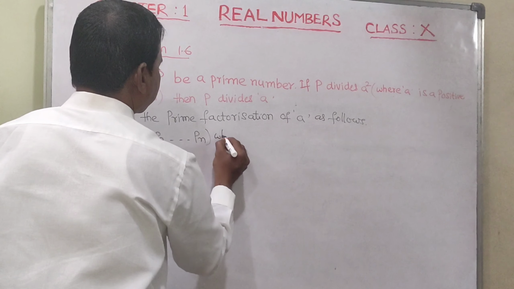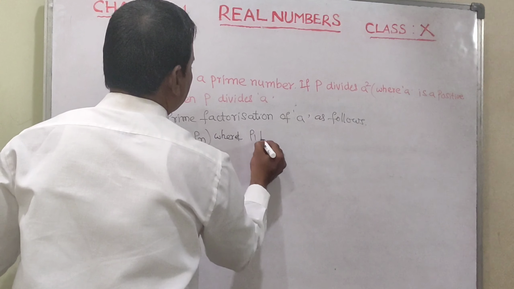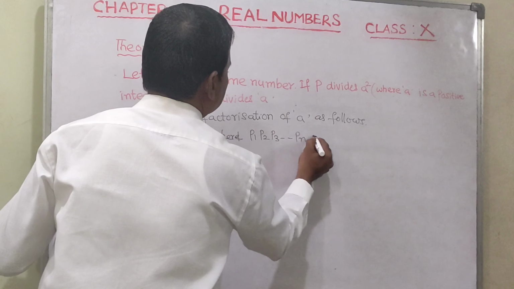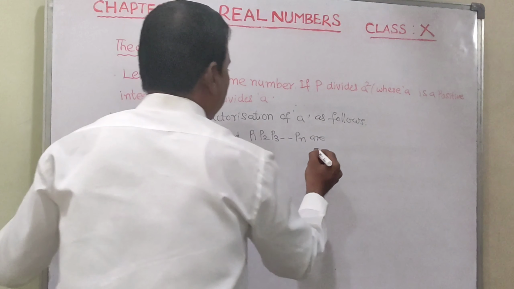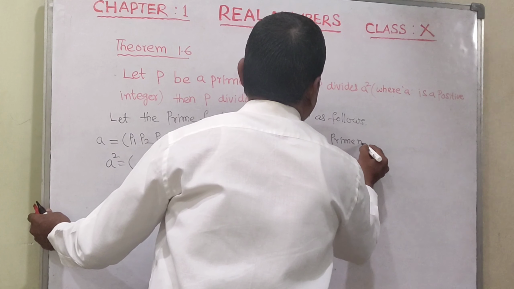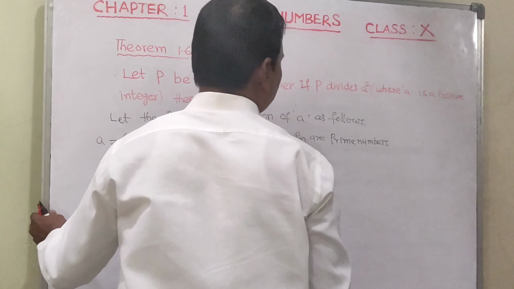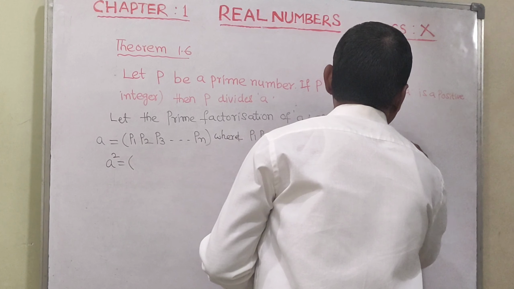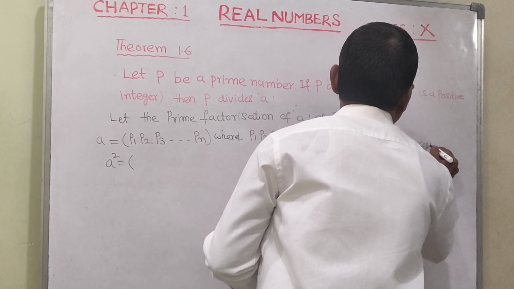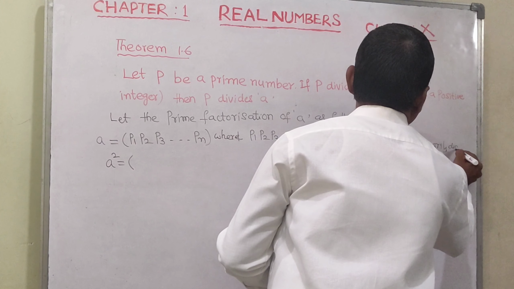Here p1, p2, p3, up to pn are prime numbers, not necessarily distinct.